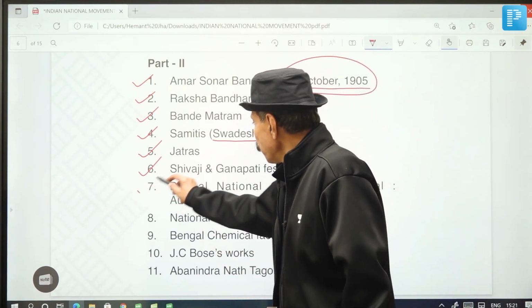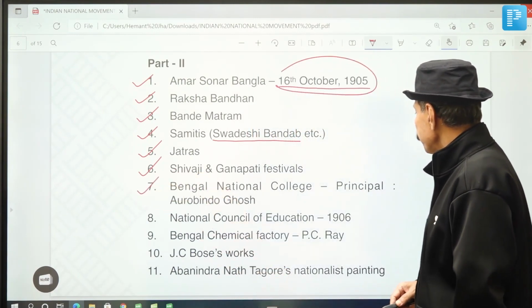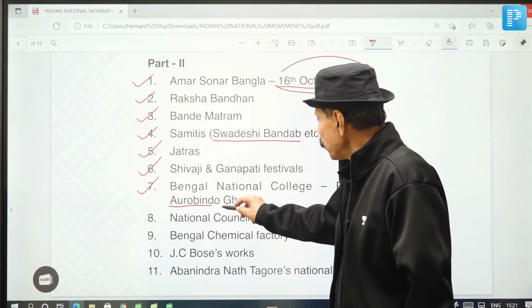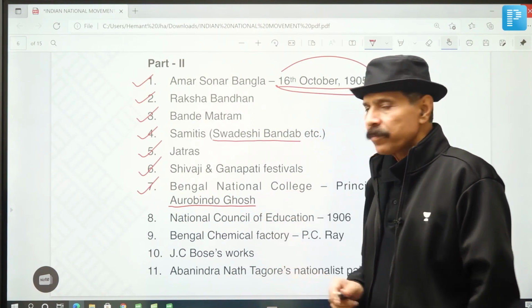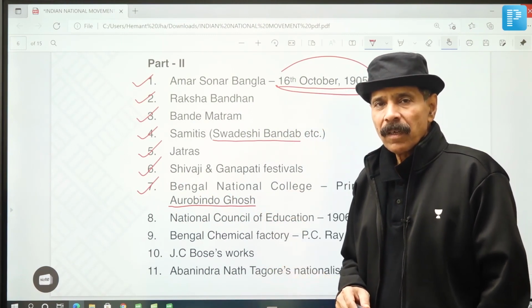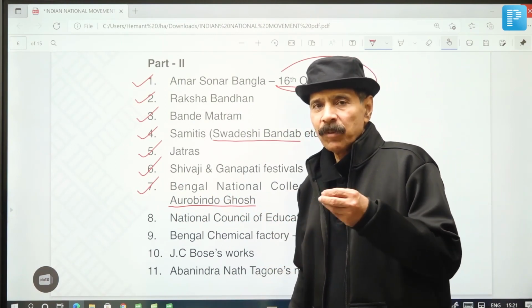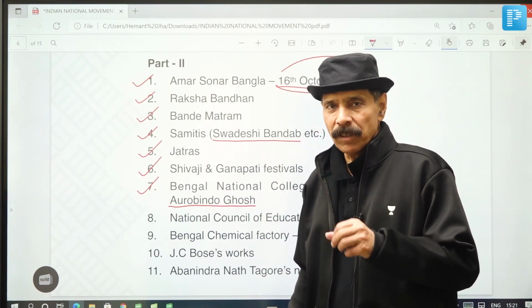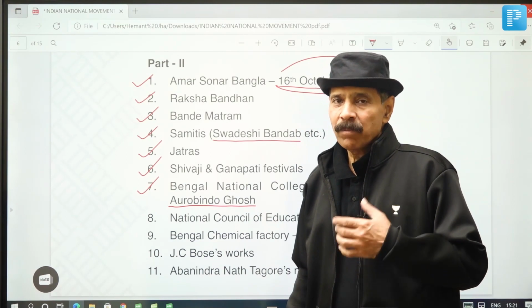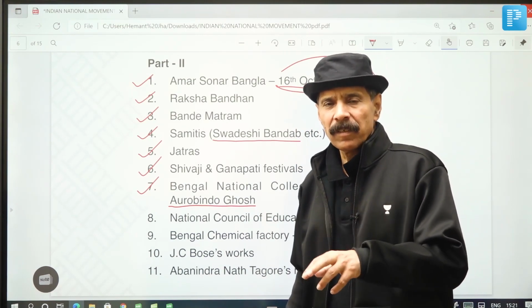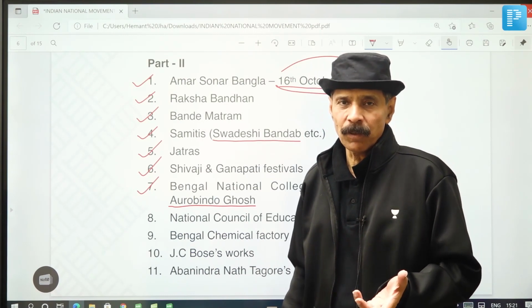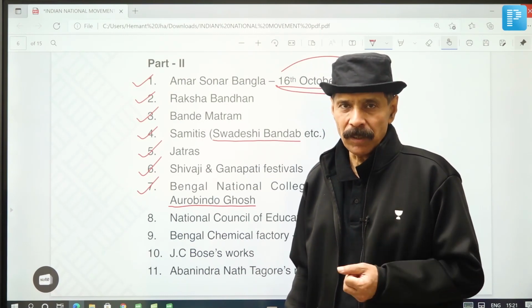Next, Bengal National College, whose principal was Aurobindo Ghosh, an important Swadeshi leader. Under the Swadeshi and Atmasakti idea, there was a focus on national education. I have said there was a focus on things Indian in all fields. So in the field of education also, there was a focus on national education.